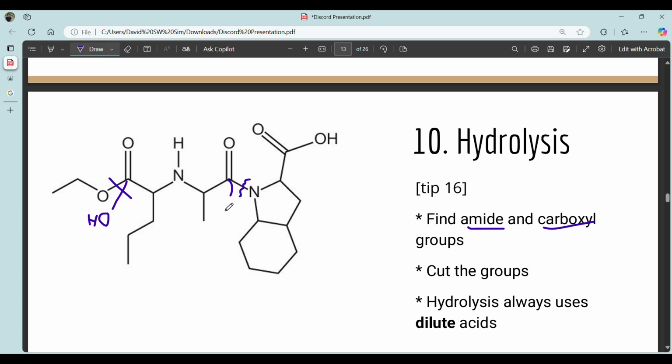Here we draw it connected to OH, and the N we make it connected to hydrogen. So there we have it. We have our 3 organic products. This one with N connected to hydrogen, this one with OH connected to the C double bond O here, and lastly this one which is basically ethanol. Right, understand?